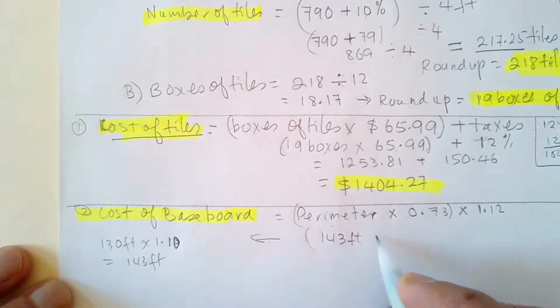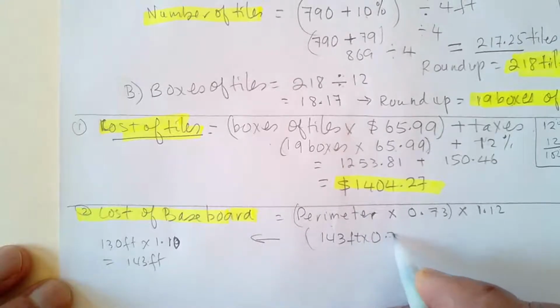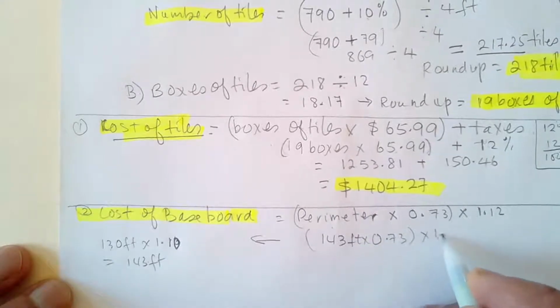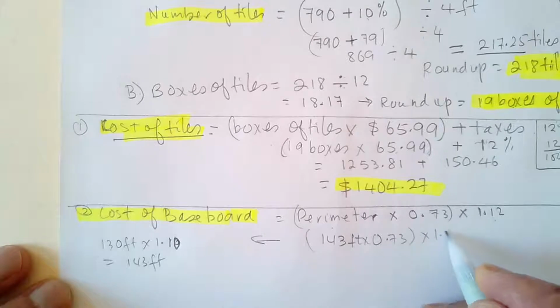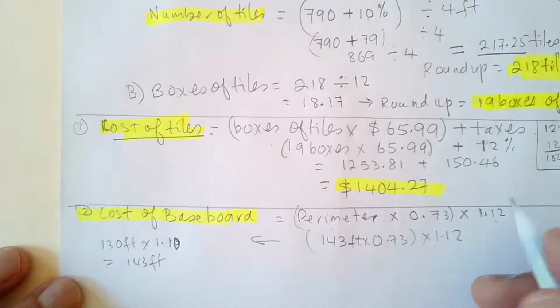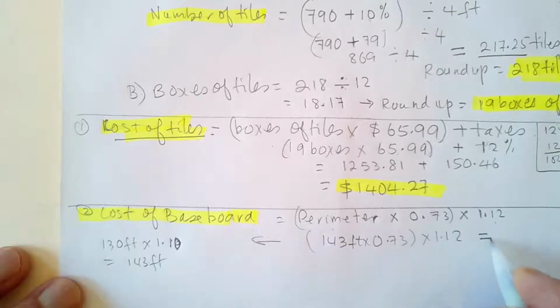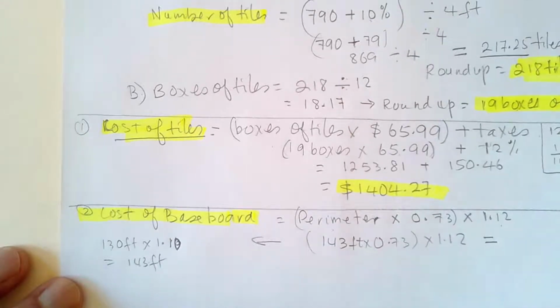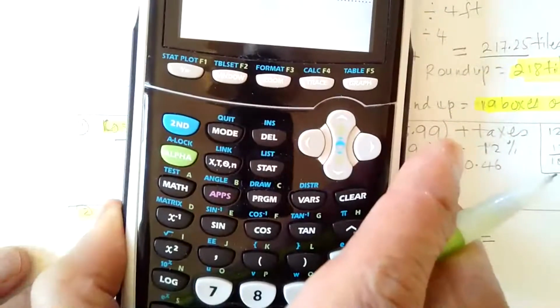Now multiply that by 0.73 times 1. This is my taxes here. Let's look at baseboard here.